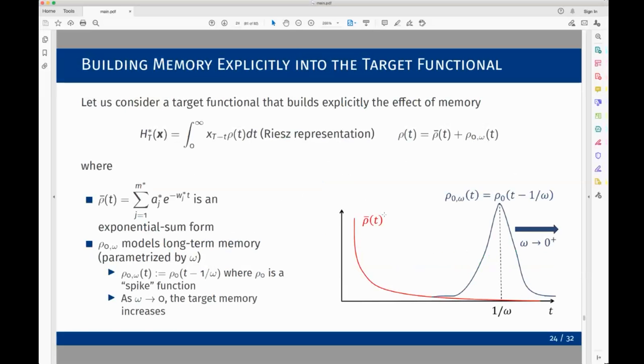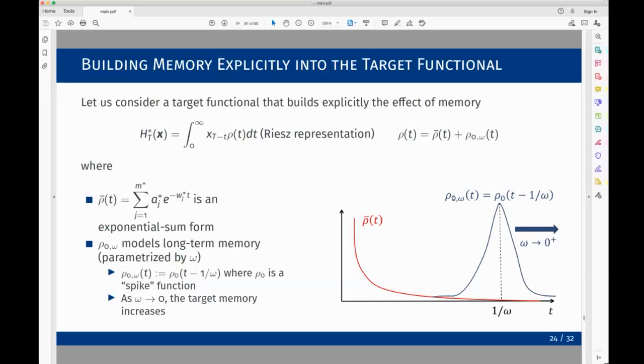Okay, so let's consider a special case. Suppose we use the Riesz representation, and suppose our true target rho t is in the following form. Rho bar is a nice function, like an exponential sum, and rho 0 omega t is the memory term. So we assume it's a compactly supported function, and the memory effect is characterized by the factor omega.